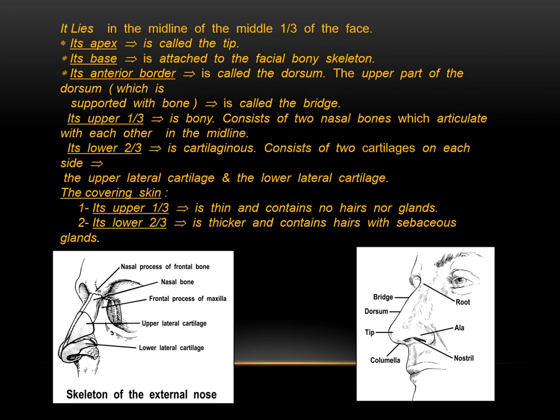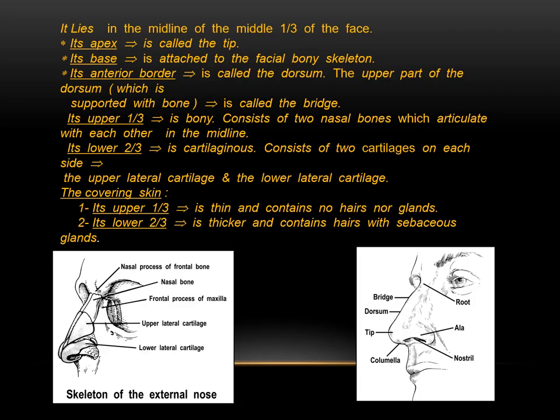Its upper third, which is bony, consists of two nasal bones, which articulate with each other in the midline. Its lower two-thirds is cartilaginous, consists of two cartilages on each side, the upper lateral cartilage and the lower lateral cartilage.